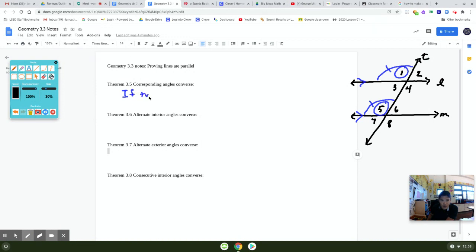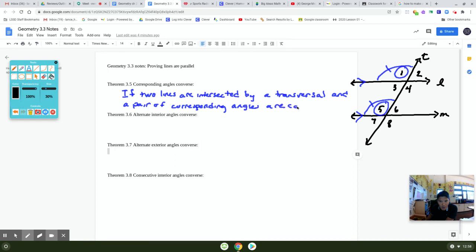But if 2 lines are intersected by a transversal, not parallel, just 2 lines, intersected by a transversal, and a pair, again, it just has to be one pair of corresponding angles are congruent, then the 2 lines are parallel.